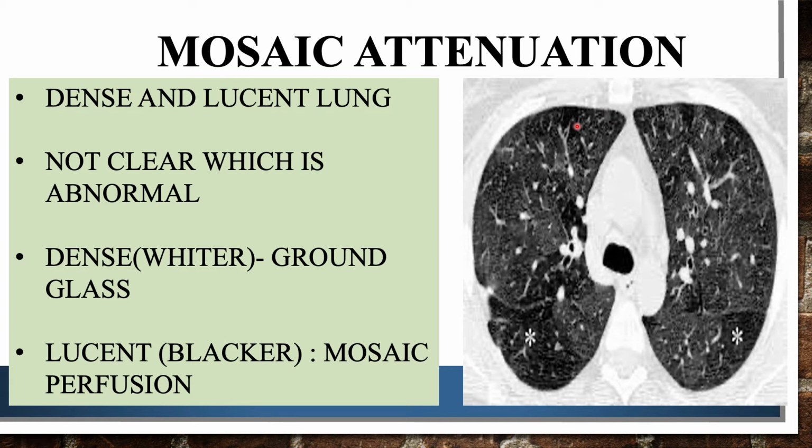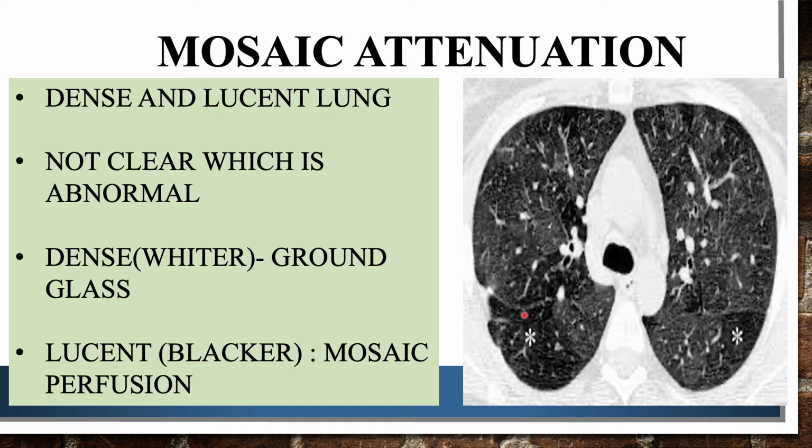The denser area or the whiter area, in case that is abnormal, then it would be the ground glass pattern which is abnormality in the lung. And if the lucent area or the blacker area is abnormal, then that is mosaic perfusion.